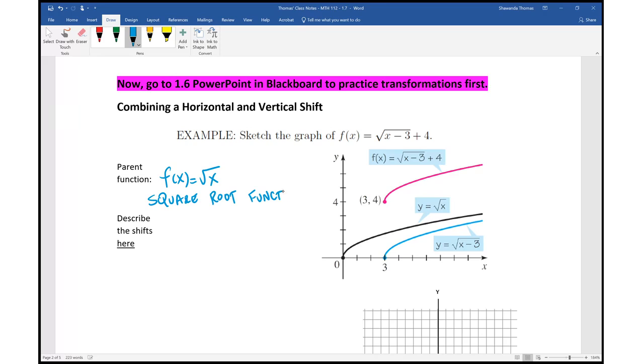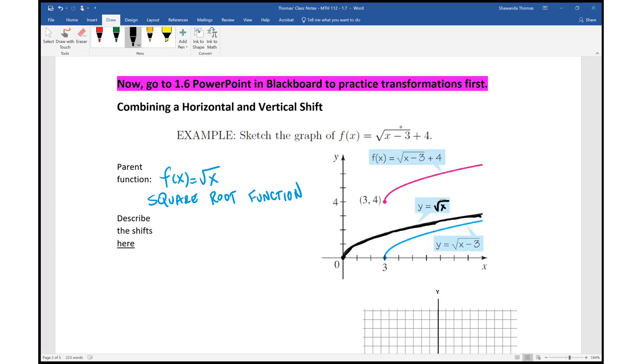That is where this function originates from, the square root function. Notice that square root function is in black here. Down here, this is where it normally lives, just the square root of x.